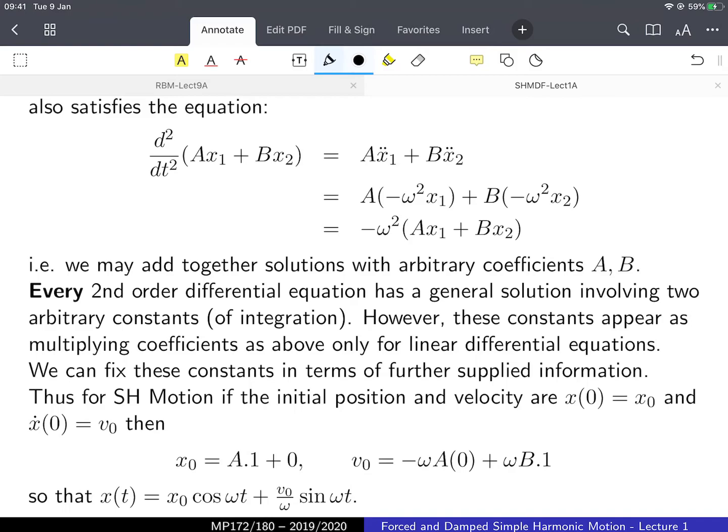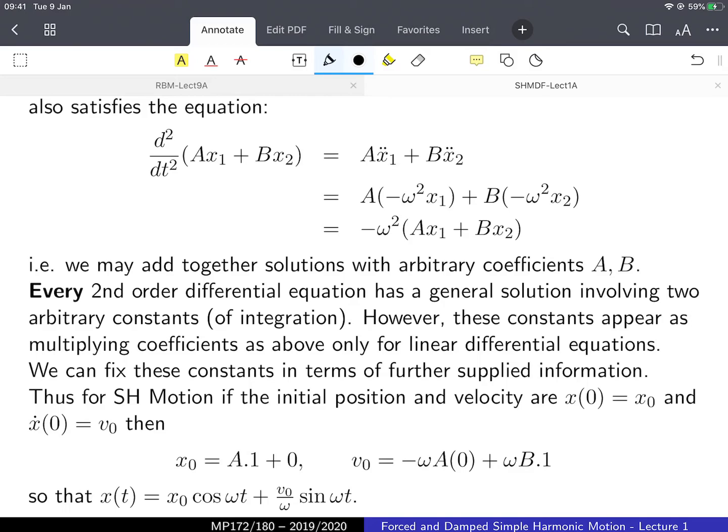But if it's a linear differential equation, then they're still there as multiplying coefficients. And then we saw, if you now go back to mechanics or to physics, that those two that are arbitrary, usually you fix them because you have a real world problem at hand. Usually you're given the initial position and the initial velocity, but it could be something else, maybe the initial acceleration, whatever.